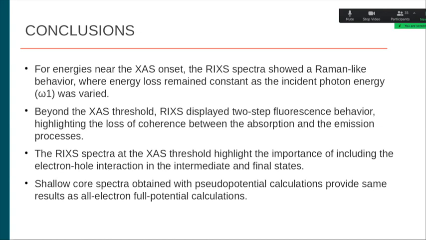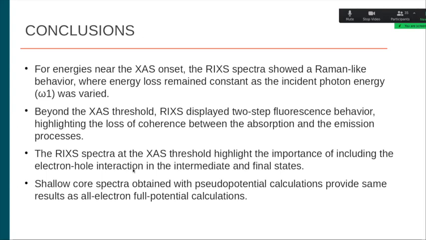On the other hand, we also observed that at higher energies beyond the X-ray absorption threshold, the RIXS can be seen as a two-step fluorescence behavior, where we have lost the coherence between the absorption and the emission process. Therefore, we see that the features move with the incoming photon energy.